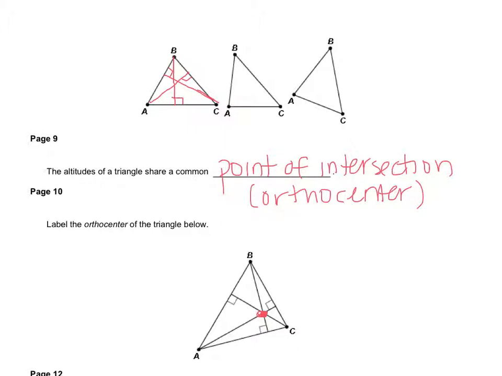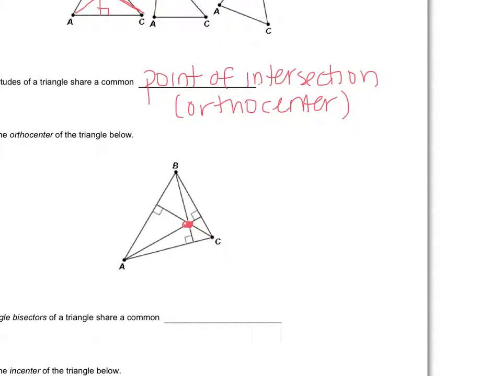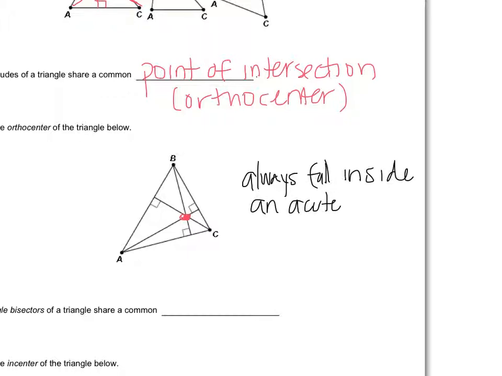And there's a couple questions I told you to look at the definitions for. So the first question says, where will the orthocenter fall? The orthocenter always falls inside an acute. It is outside an obtuse, and for a right triangle, the orthocenter lies at the vertex of the right angle.